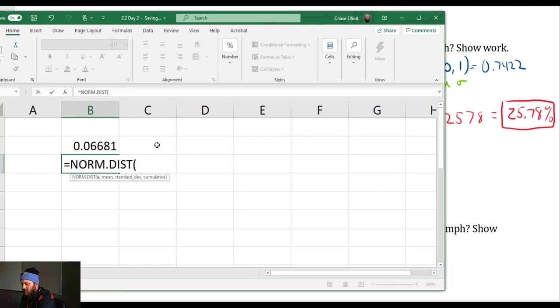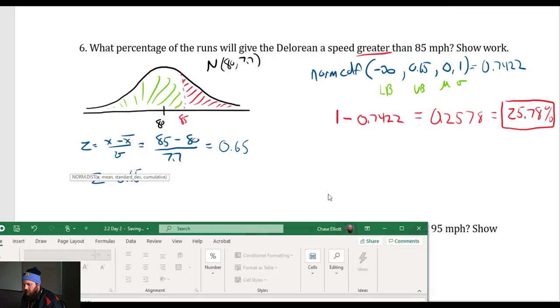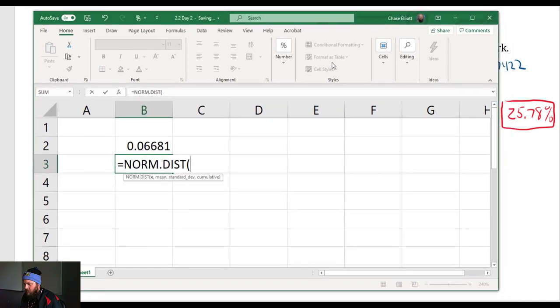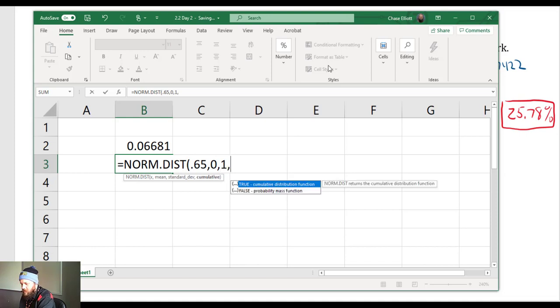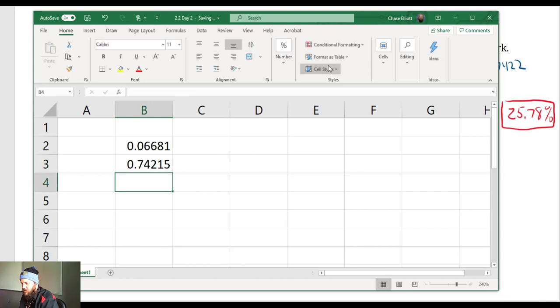Our x value was 0.65, our mean is 0, standard deviation is 1, and we want that to be true. So we still got the 74.22, and then you would take 1 minus that and still get the same answer.